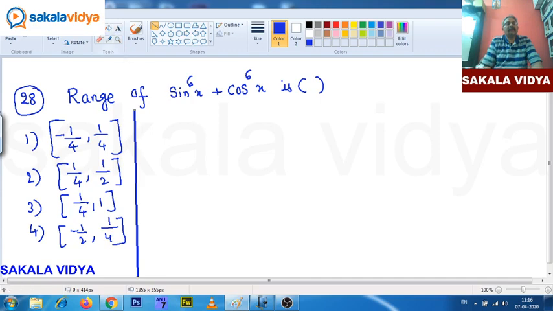Please try to understand. You were asked the range of sin x to the power of 6 plus cos x to the power of 6. But you are also correct, pi by 2 is a period, wonderful. Sometimes the same question may be asked for period also, but your answer has not been denied. Okay, second, definitely I will start.